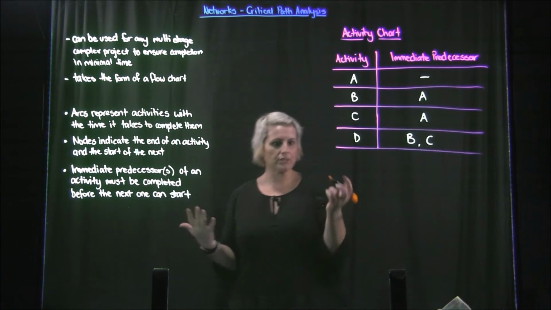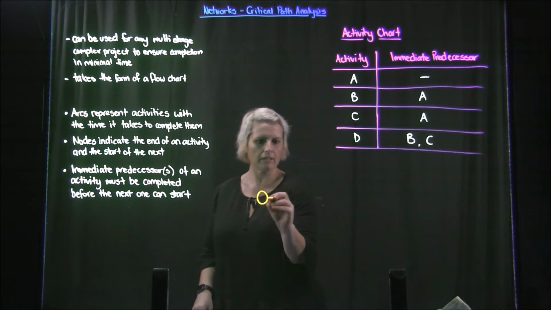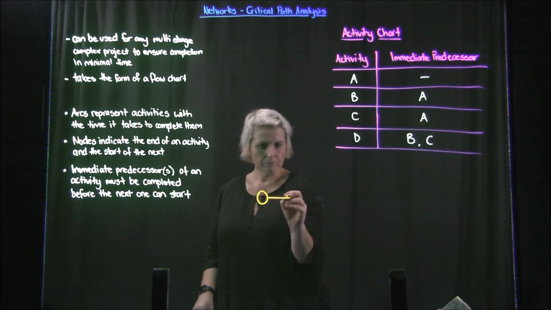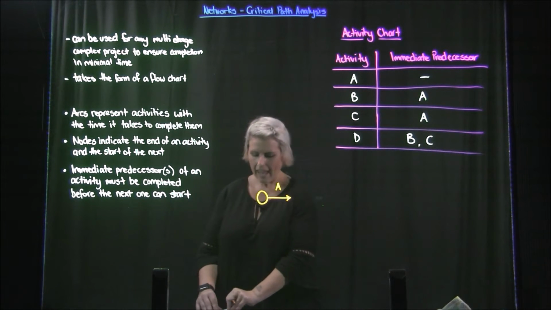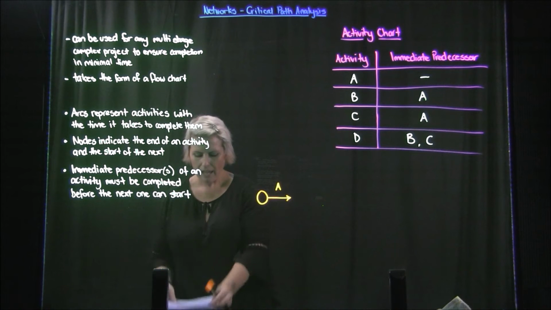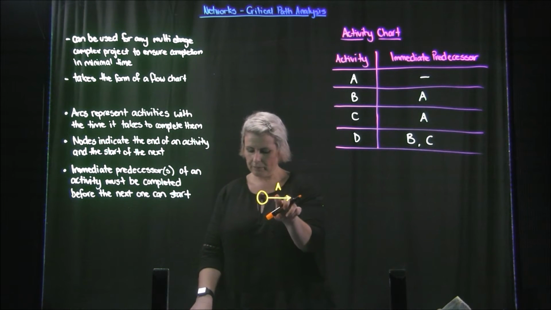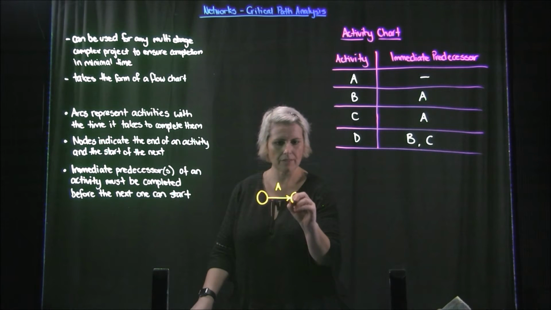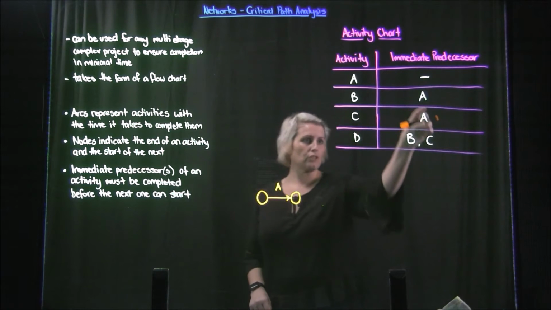So we'll start with A. Because it has no immediate predecessor, this is the start of A. It's directional, so we can give A a little node. That's the beginning. Then task A has been completed. This is now the end of task A before B and C can actually begin.